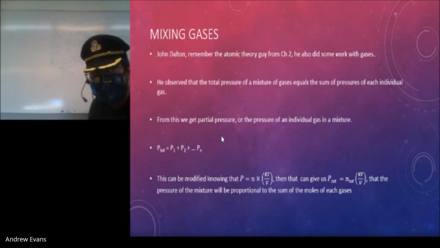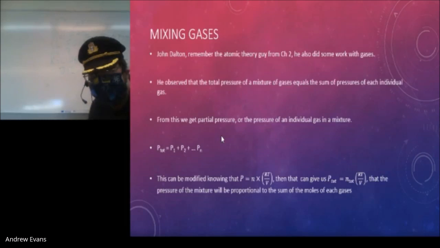Now, because the total pressure is just the sum of all of the individual pressures, and we can relate pressure to moles by the ideal gas equation, we can say that the total pressure is related to the total moles of all the gases by the temperature and the volume they are filling.